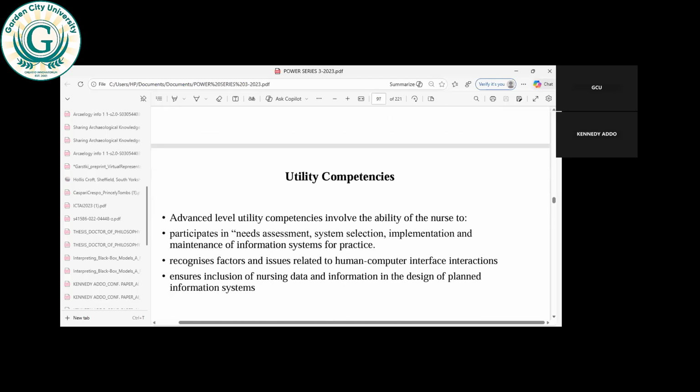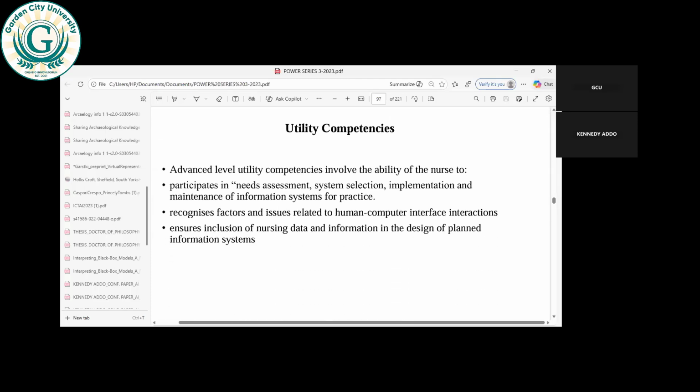And very, very important, the utility competencies. We also do needs assessment. What are the needs of users at the various places of work or departments?